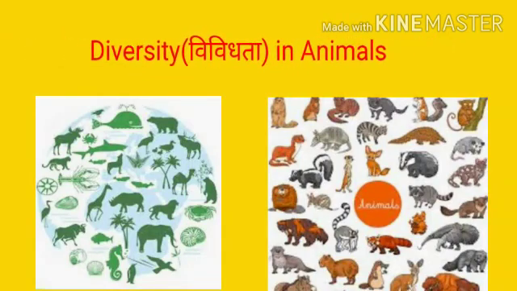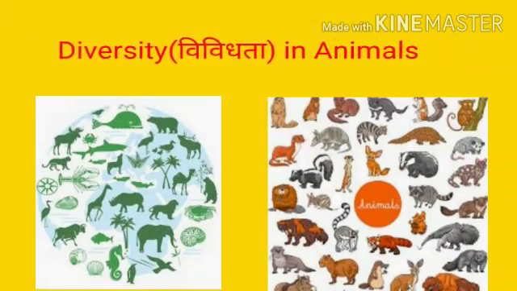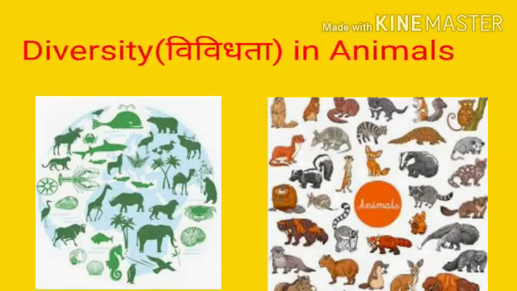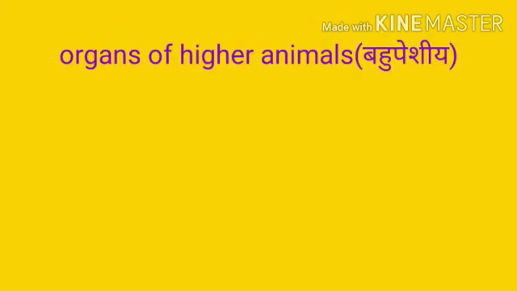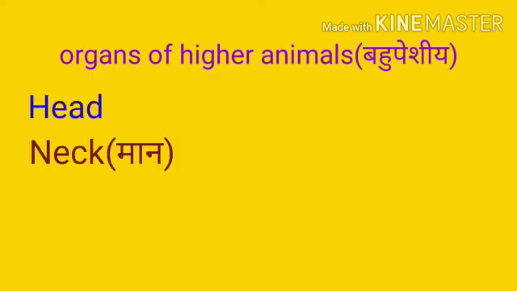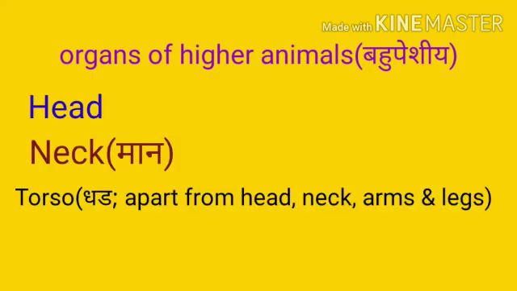For that purpose, changes take place in their body, which is known as adaptation. As we know, most of the higher animals have a head, neck, torso and tail, and also limbs like hands and legs for movement. So I hope you understand the topic very well. Thank you.